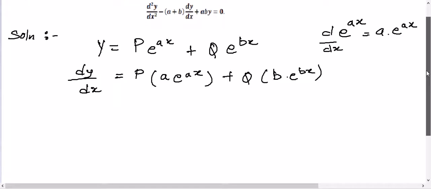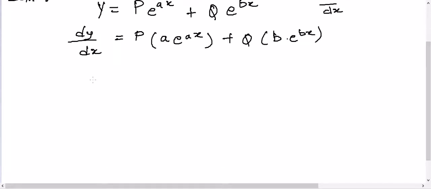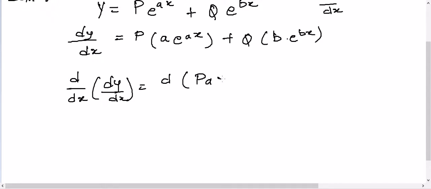So this is our dy by dx. Continuing further, we'll find the second differential by differentiating both sides again. The first term, when we differentiate, is p a e to the power ax.